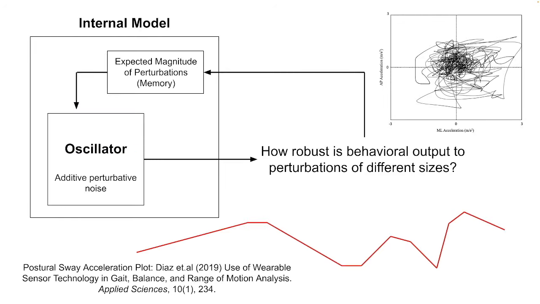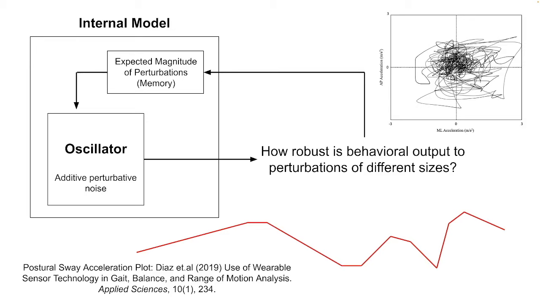This is an example of what the internal model will look like. You have an expected magnitude of perturbations, where basically that power spectrum is the memory. You have an oscillator producing an output. This could be additive perturbative noise, so it brings in those different magnitude perturbations, information about that into the oscillator.